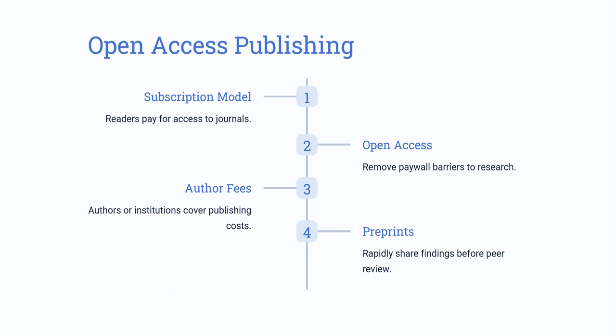But in the subscription model, readers pay to access the paper. So automatically your citation potential will reduce. Why? Because not everybody is able to read your paper. But in open access, when you pay to make it open to all researchers, anybody can download and anybody can read your paper.